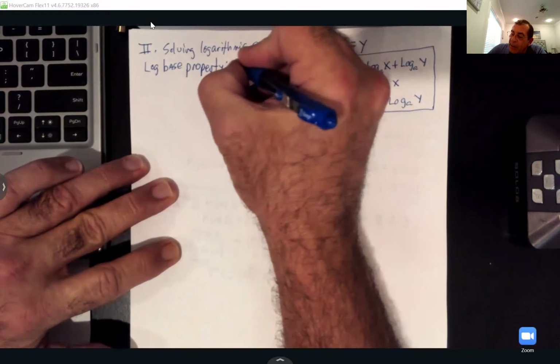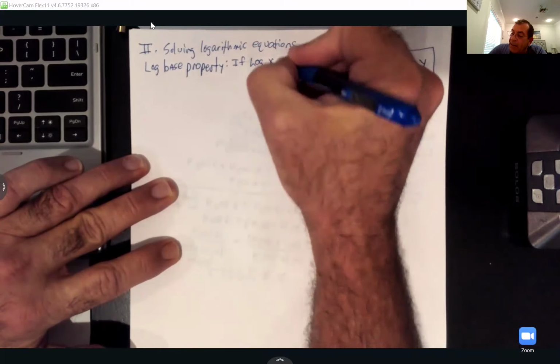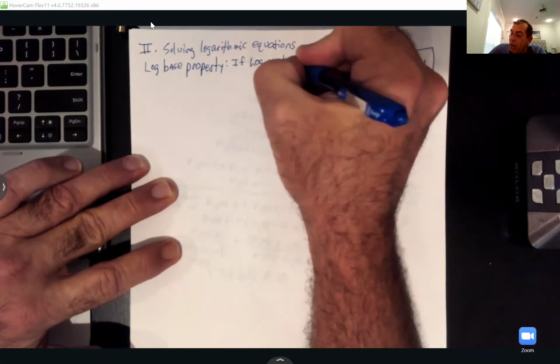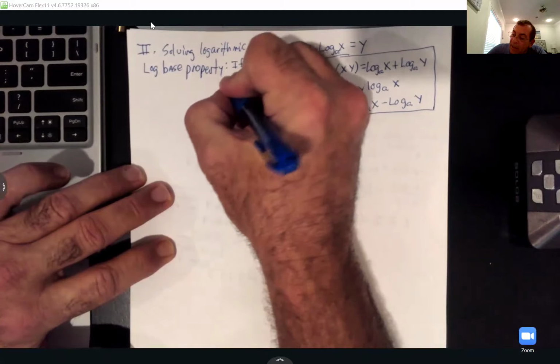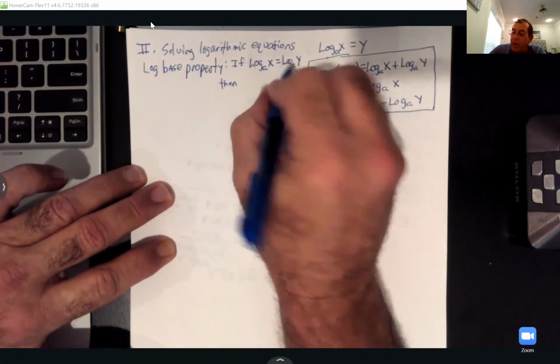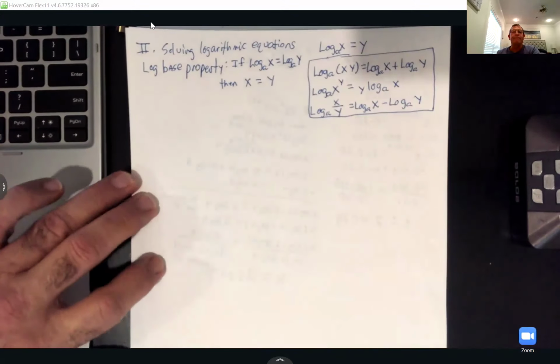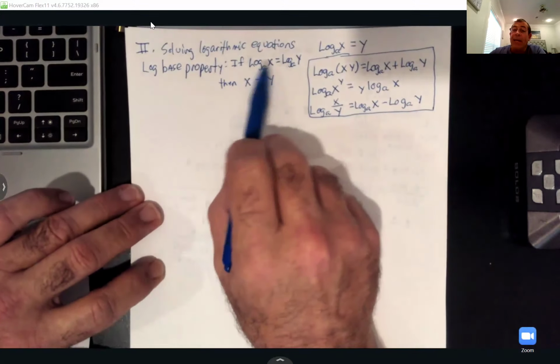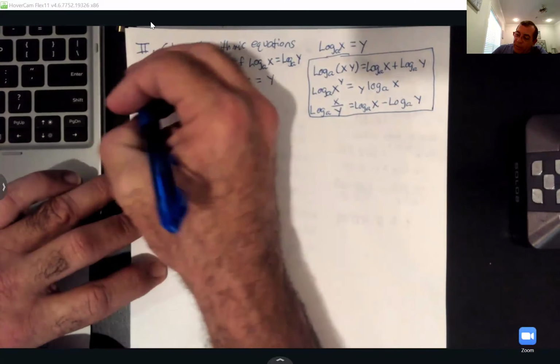This one says if log base A of x equals log base A of y, so I have a log equal to a log with the same base, then the results are equal: x equals y. So I try to rewrite them like this because that's the easiest way. If not, I'll show you what I'm going to do.